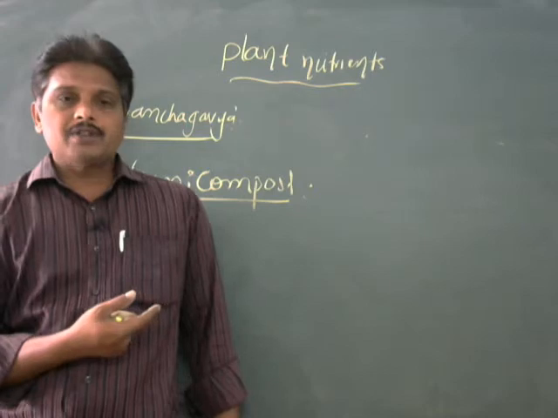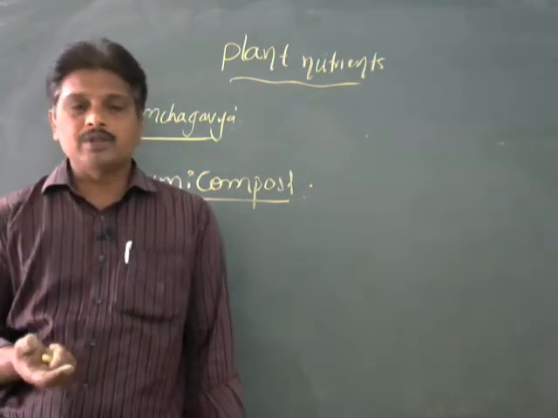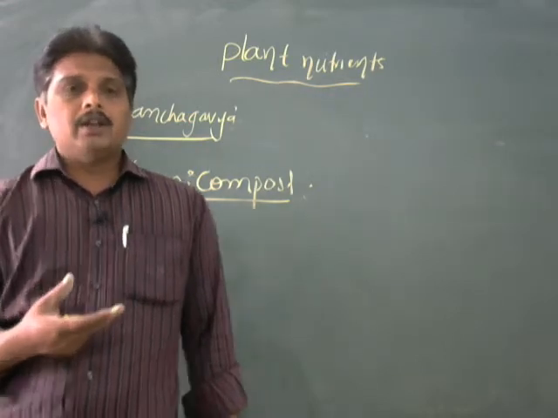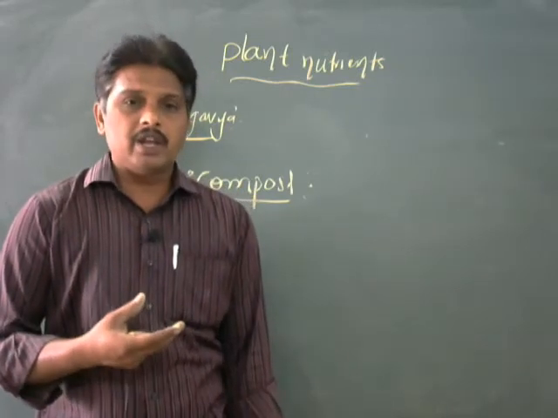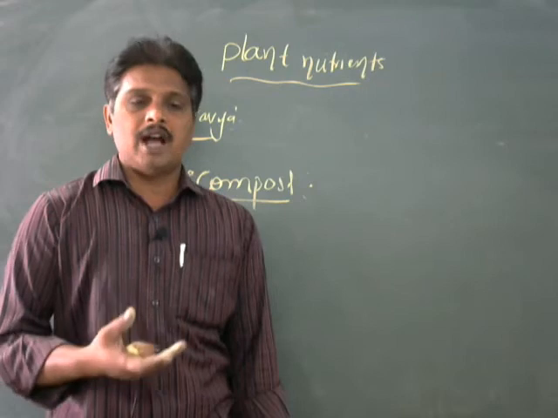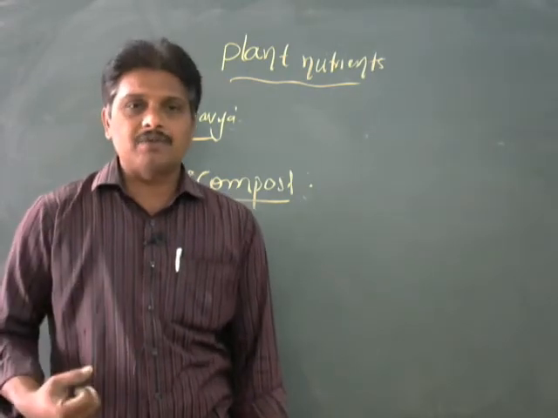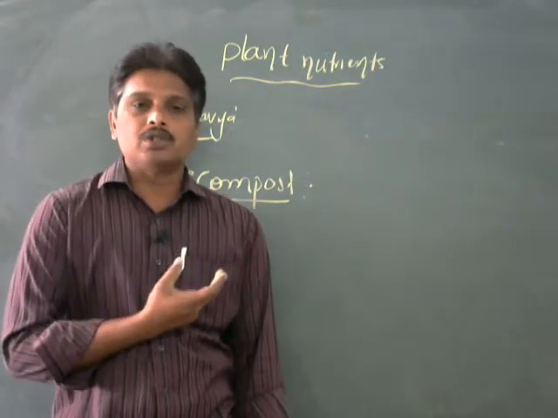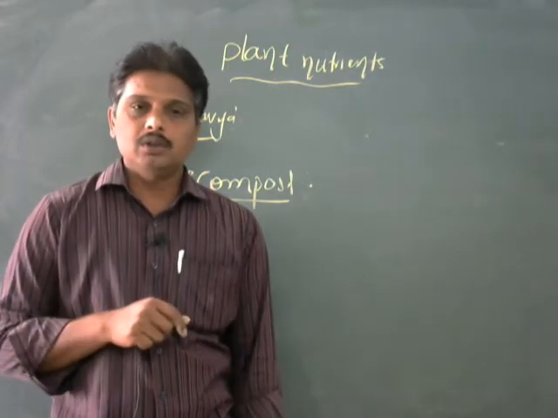Earthworms generally eat decomposed organic matter, decomposed leaves and decomposed dung. After eating, they excrete the undigested food material, which is called casting. That is vermicompost, which is rich in nutrients, even micronutrients.